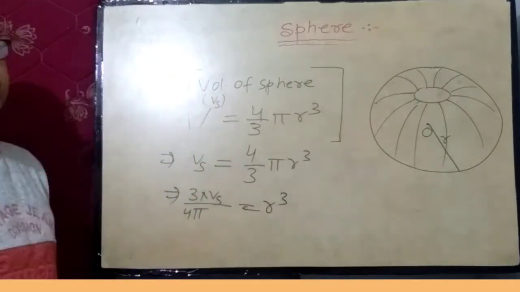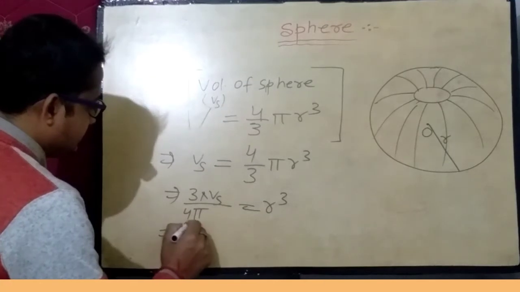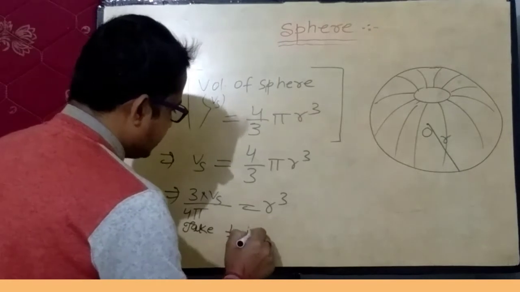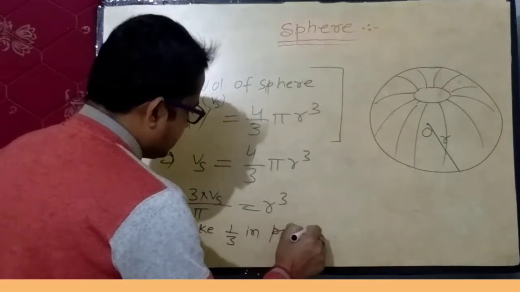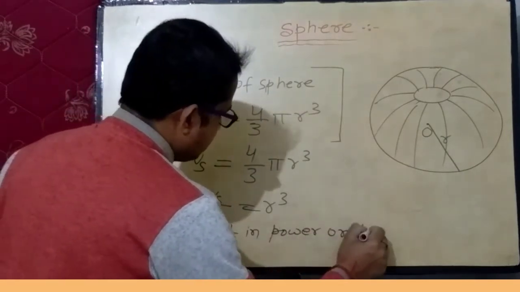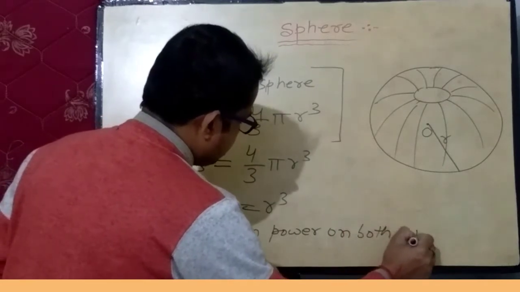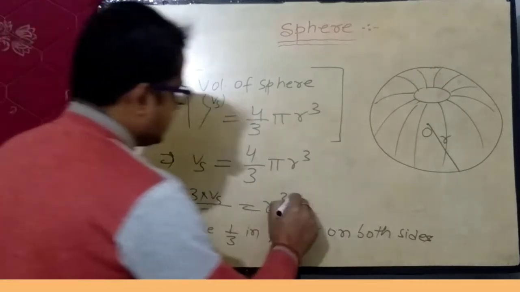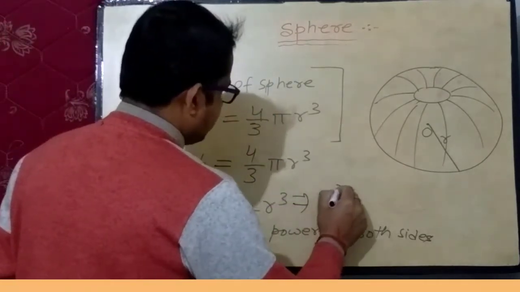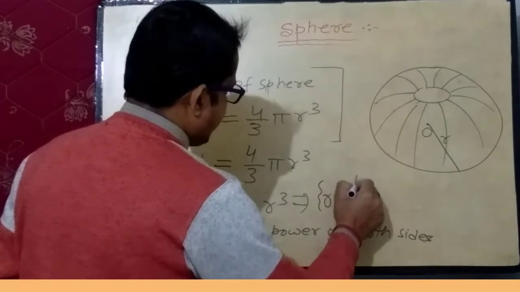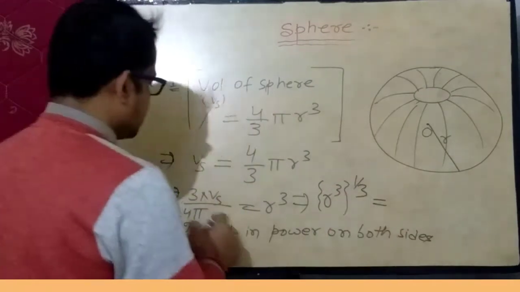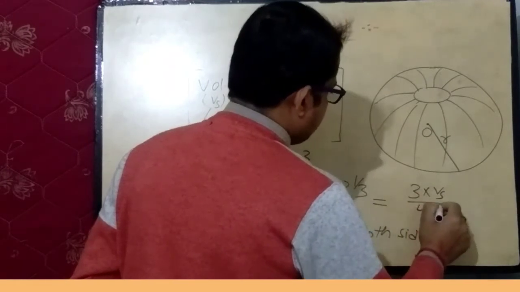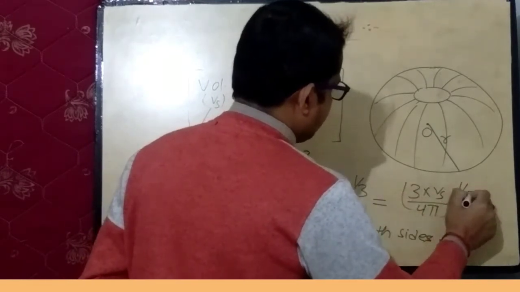But you have to calculate r. Take the power 1 by 3 on both sides. What will you get? You will get r to the power 3 to the power 1 by 3 equals (3 into Vs upon 4 pi) to the power 1 by 3.